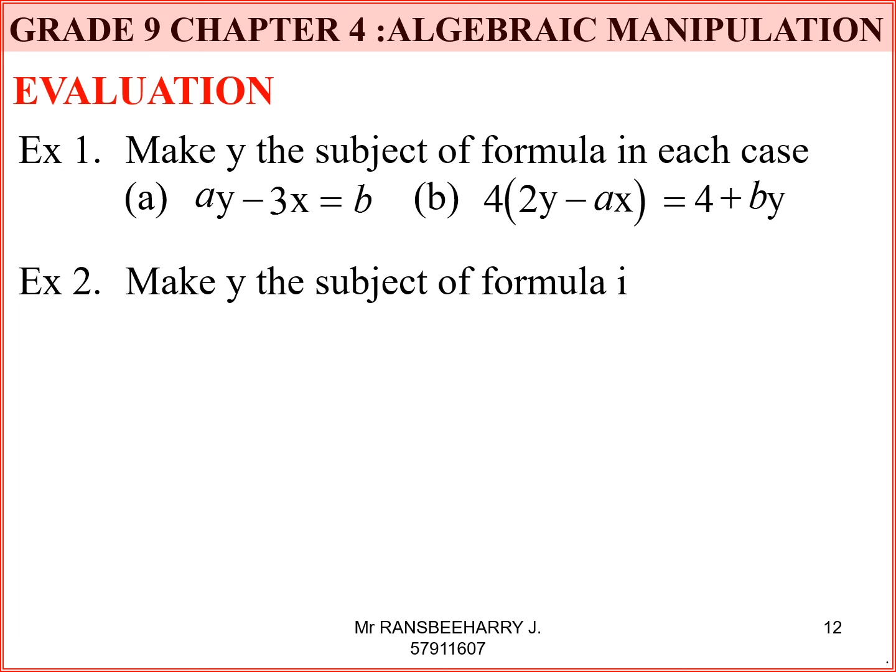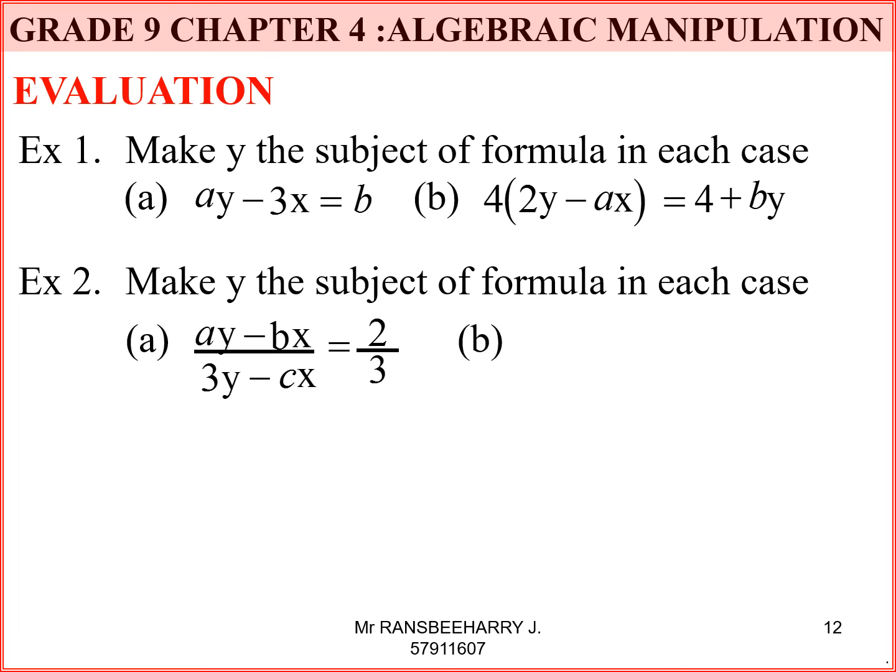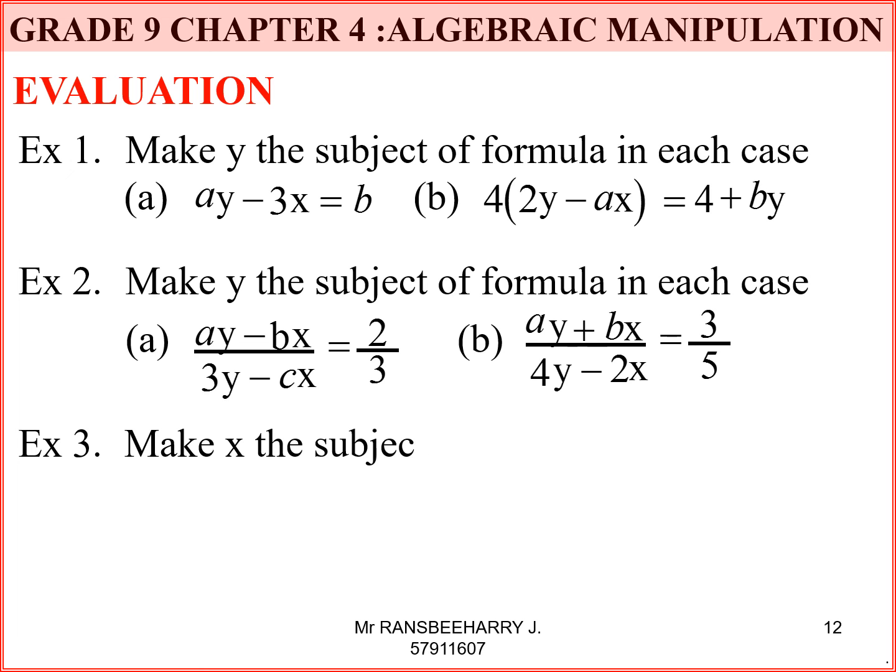Example 2. Make y the subject of formula in each case. Part A, ay minus bx over 3y minus cx is equal to 2 over 3. Part B, ay plus bx divided by 4y minus 2x is equal to 3 over 5.